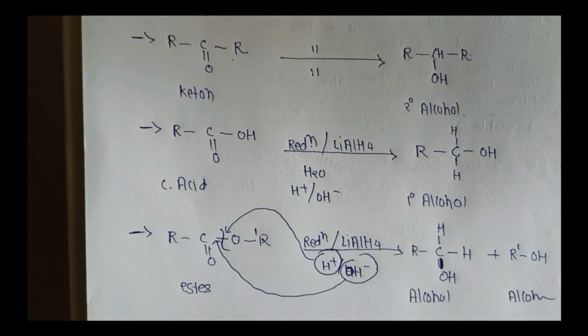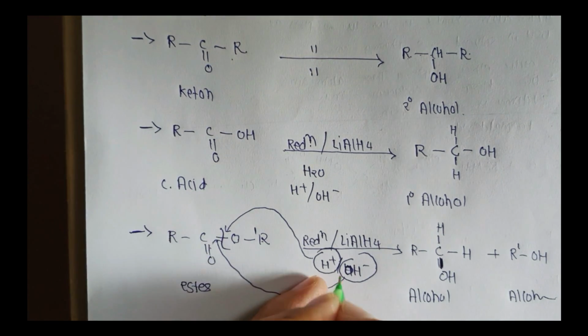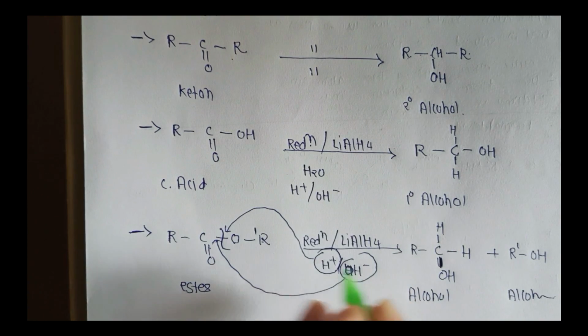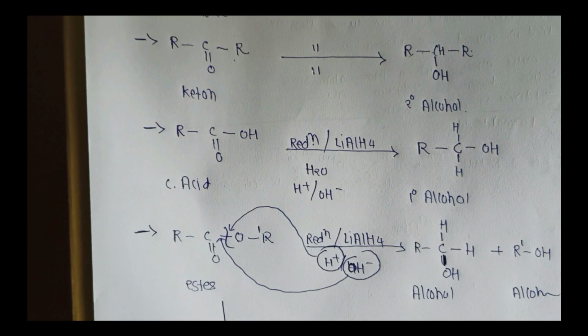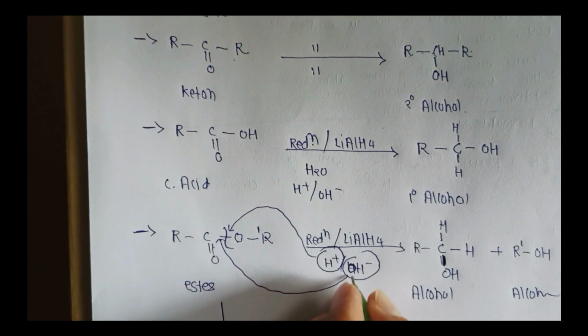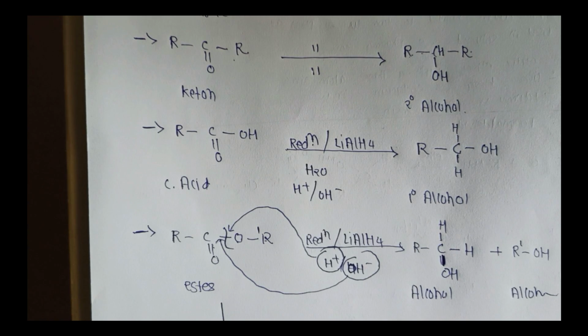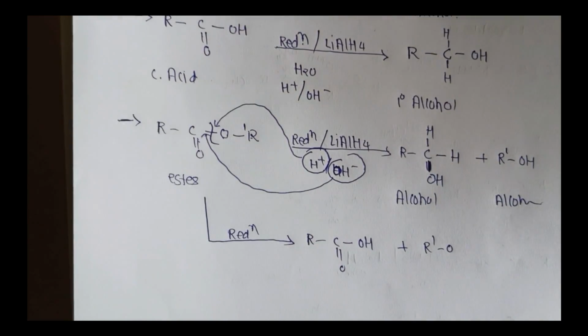In ester, there are two ways of looking at the reaction. First of all, here in another way, the ester reduction process. Here the bond is broken in R C double bond O, the bond breaks and OH minus is added, with the other part R dash O. This is another method.